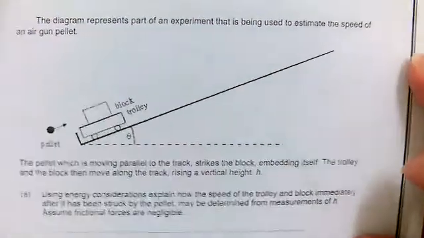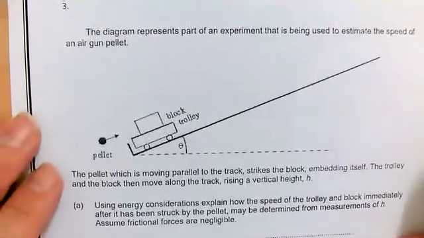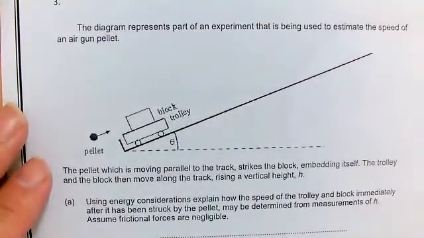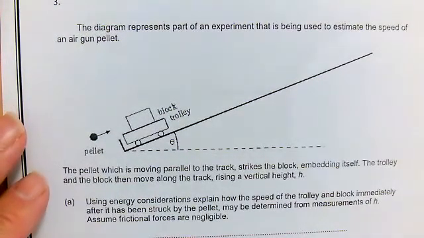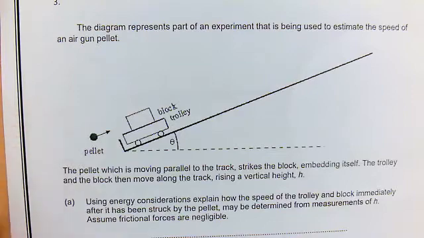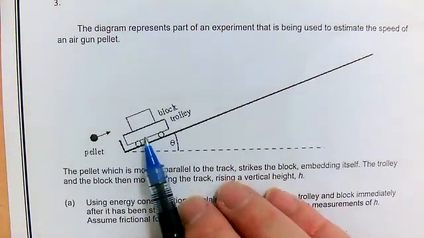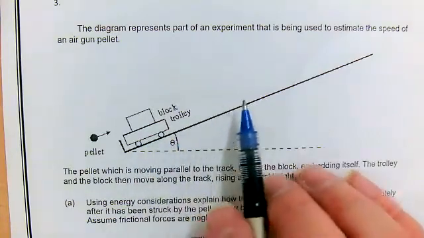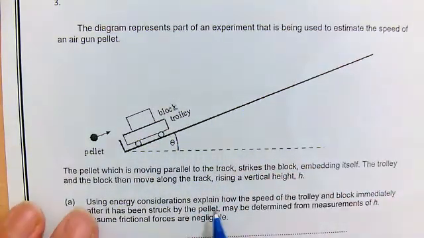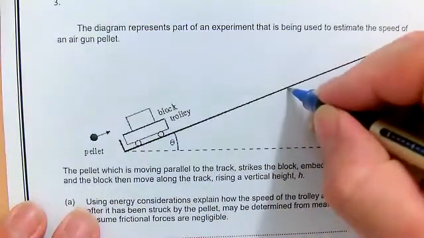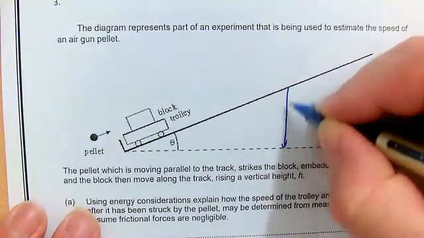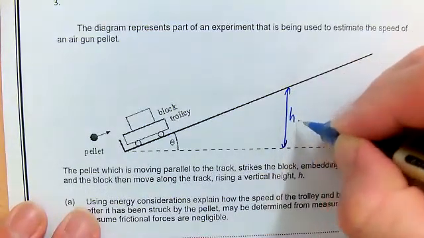Right, number 3. This is actually an old A-level question, a very old one, in fact. This is the idea that we're using momentum to find the speed of an air gun pellet after it's been fired. The air gun pellet hits the block, which is sat on a trolley, which causes it to move a certain distance h above the ramp. Well done to those of you who thought about what that h represents.